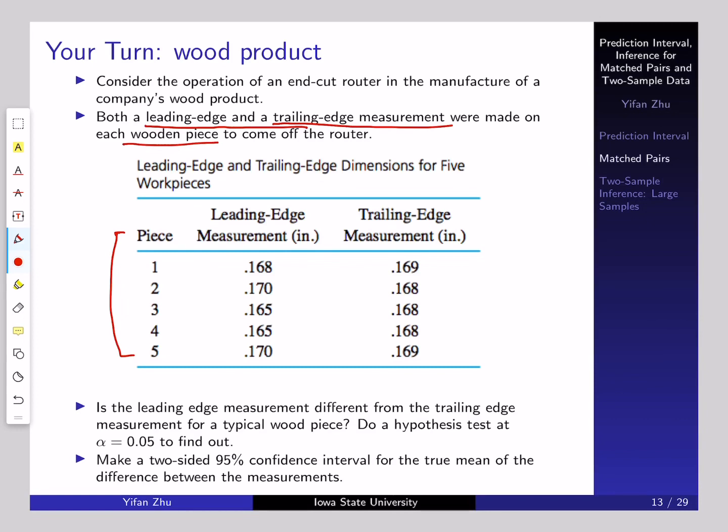This is our data. We have 5 observations. So the question is: is the leading edge measurement different from the trailing edge measurement for a typical wood piece? And we will do a hypothesis test with alpha equal to 0.05.